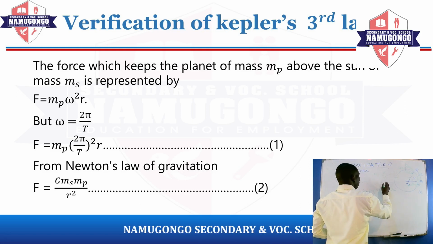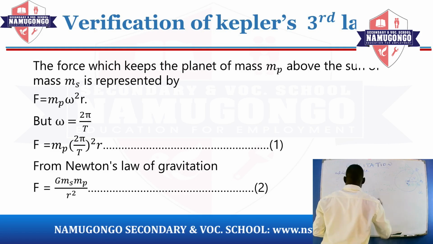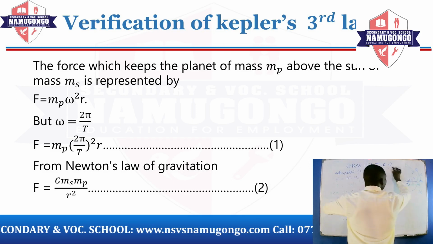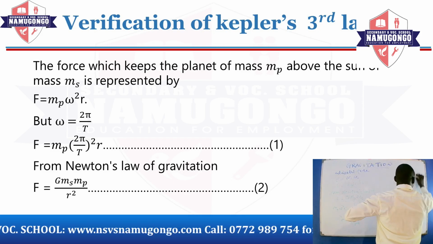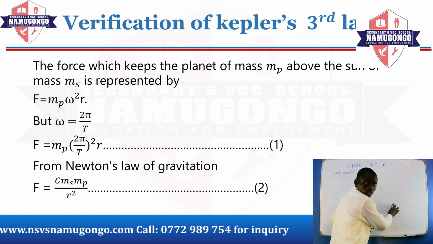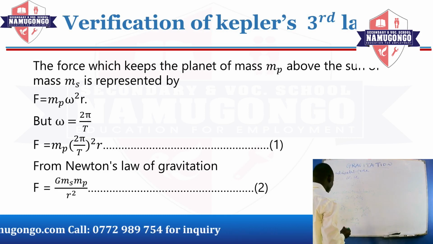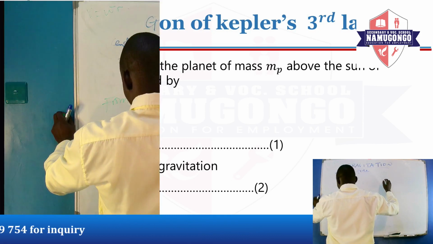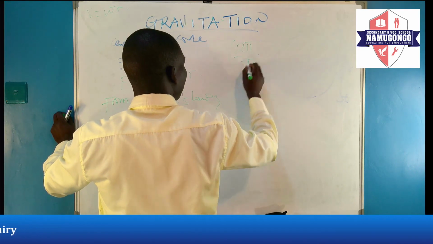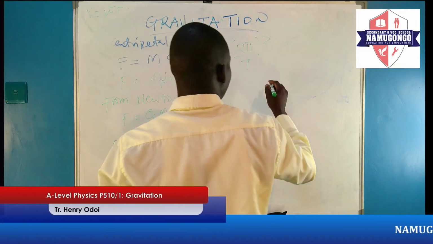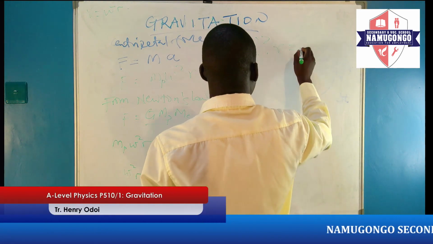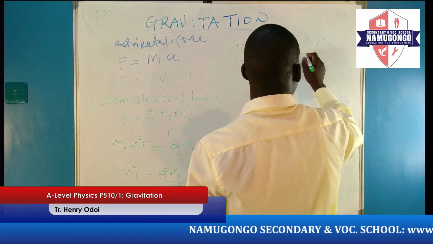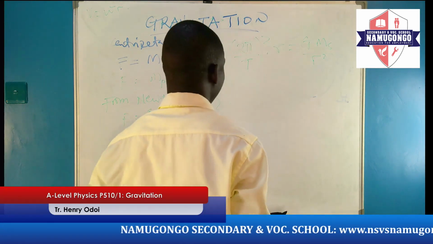So omega will be 2 pi divided by T. This will therefore give us (2 pi over T) squared times r equals G ms over r squared.